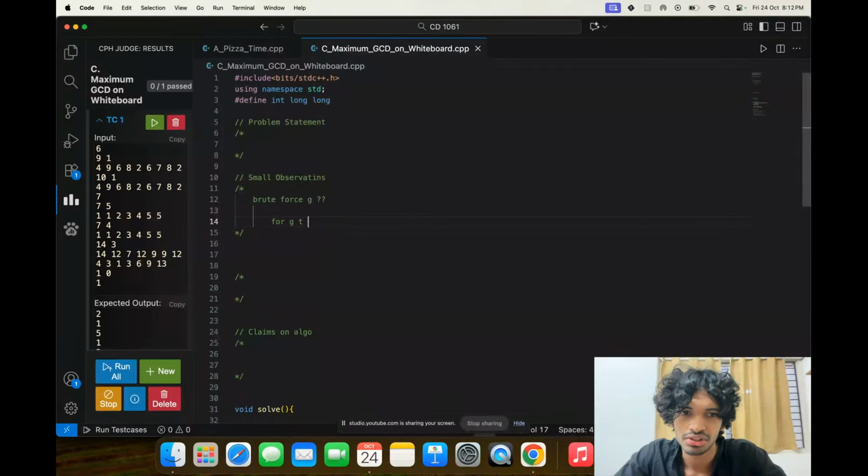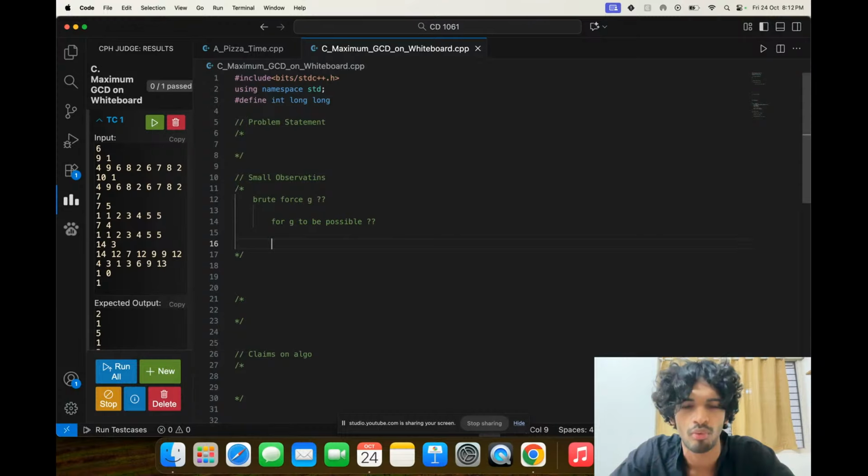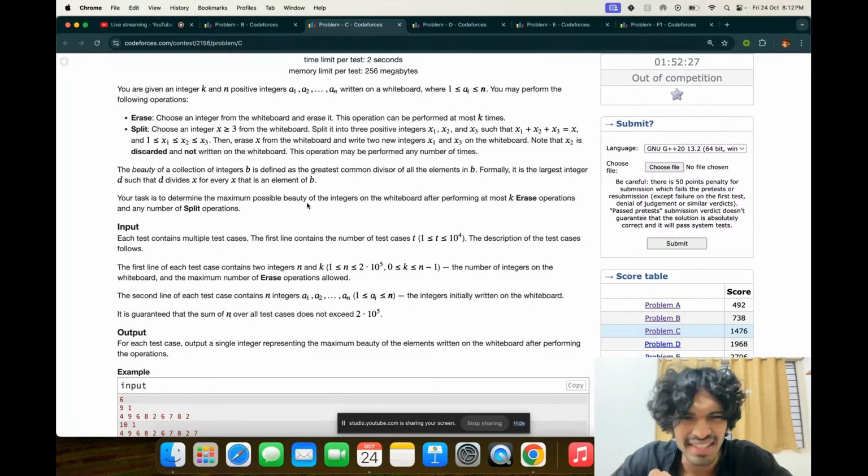For g to be possible, this thing can always be thought about, right? For g to be possible, what should we be doing? Split things into g multiples, right?